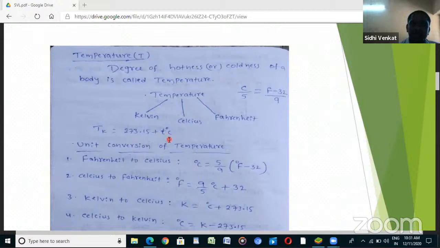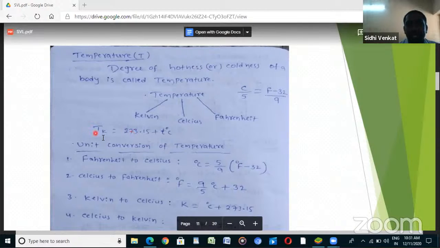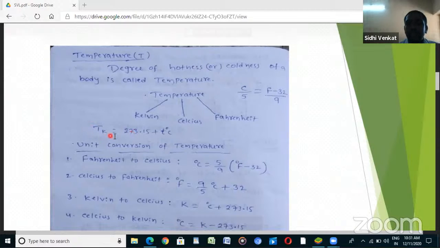You remember this equation, student? What is the TK? Kelvin temperature. What is the Kelvin temperature? The value is 273.15 plus T degrees centigrade.